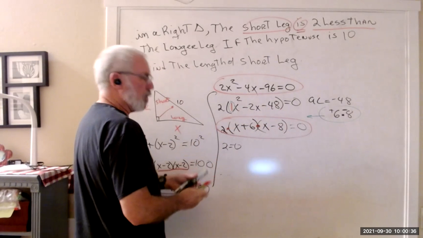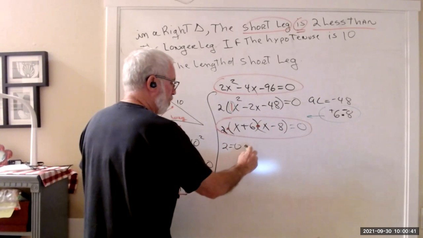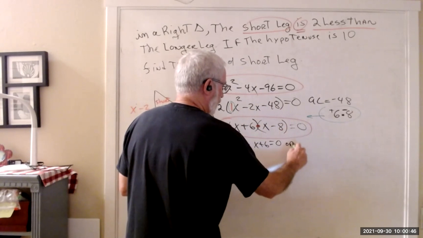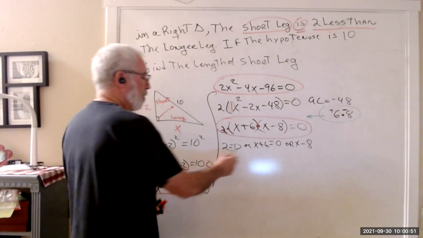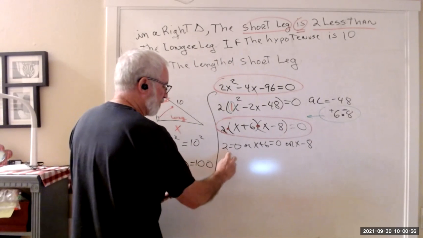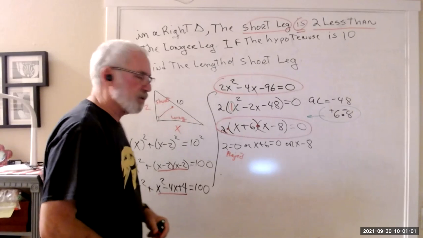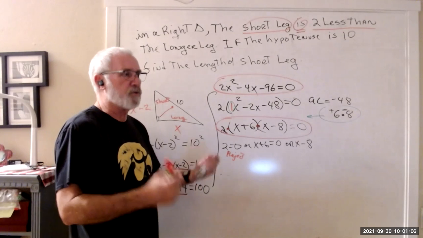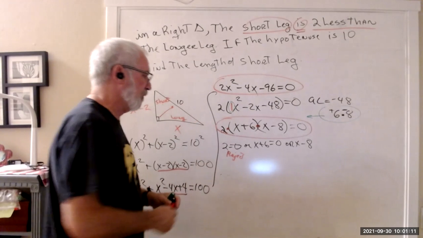So that zero product property says either the first thing equals 0, or the second thing equals 0, or the third thing equals 0. Well, 2 can never equal 0. So we just simply reject that. And like I've said, most instructors don't even bother to write that down. That's just ludicrous. 2 can't even be close to 0, so don't even bother writing it. I do it for consistency's sake.